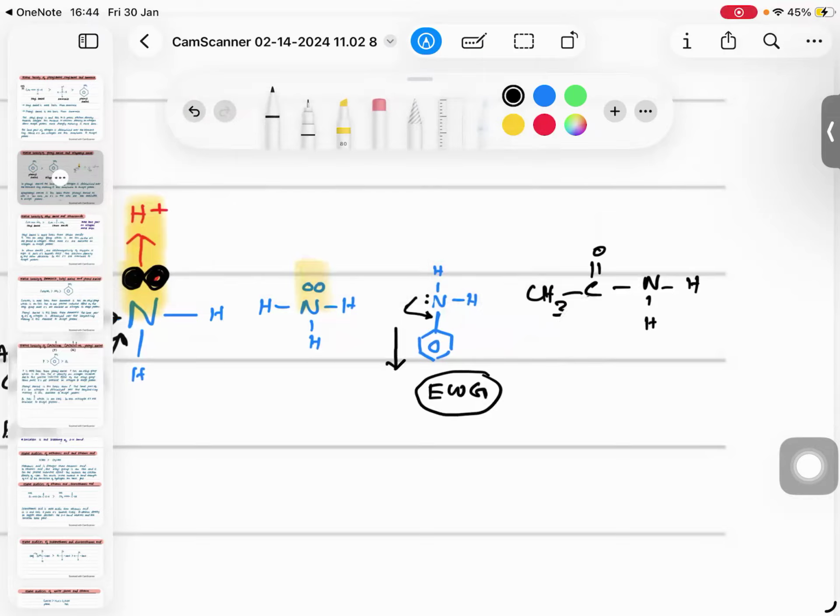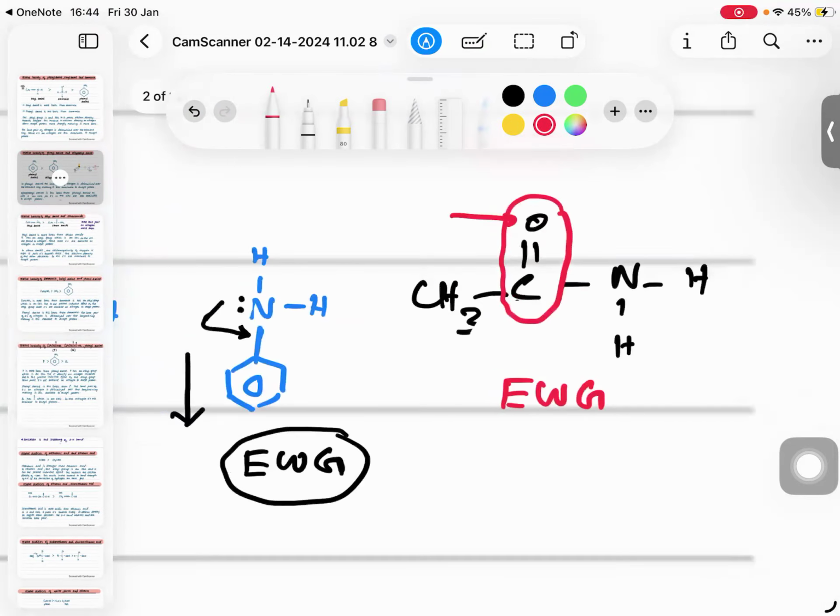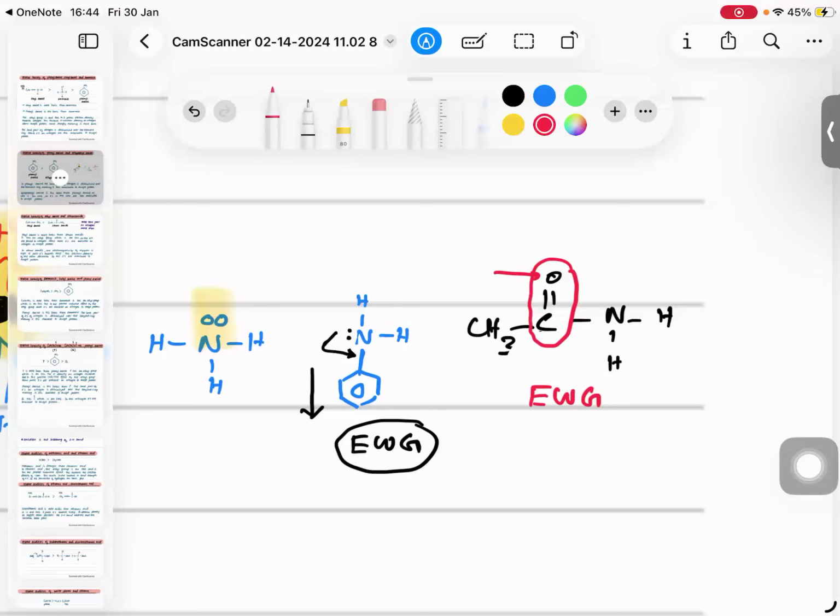Now we say that the alkyl is far away. The C=O is closer to nitrogen, and because of the high electronegativity of this oxygen, it acts as an electron withdrawing group, so it pulls all the electron density. In phenylamine it was just passed towards the ring; that was a mesomeric effect. But in this case, it is going to pull all the electron density away from nitrogen.